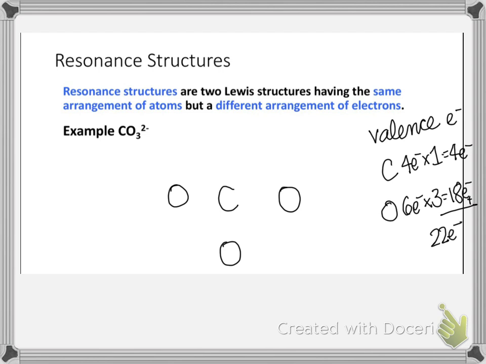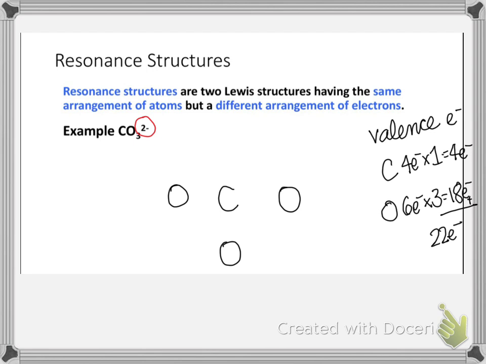Now, what I did not account for was the -2 charge. So recall when we were talking about ions, that negative charge arises because electrons have been gained. And so this is what we call a polyatomic ion. And for this polyatomic ion to be stable, it actually gains 2 electrons.